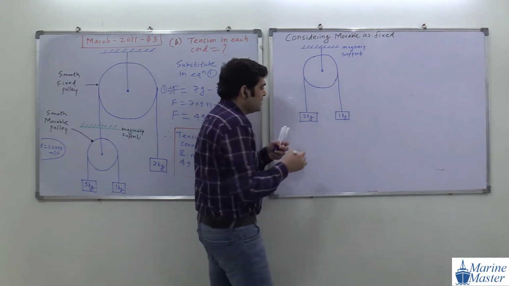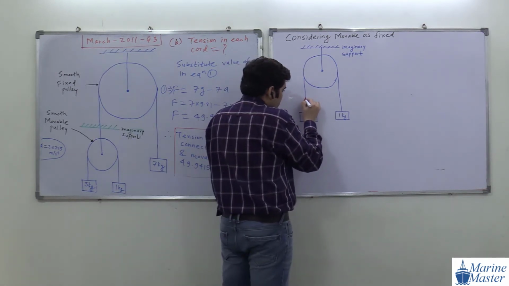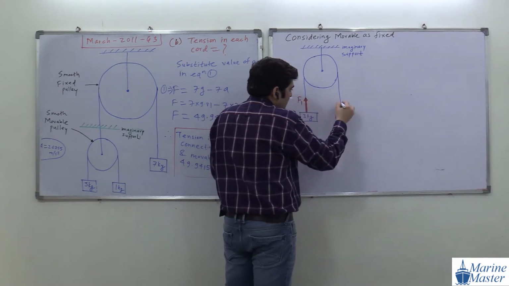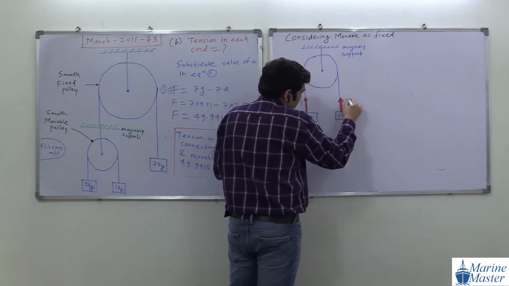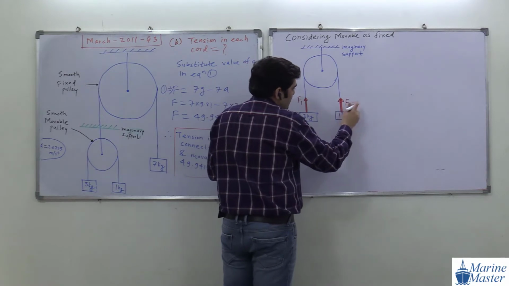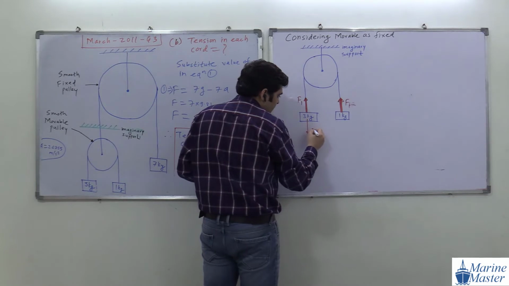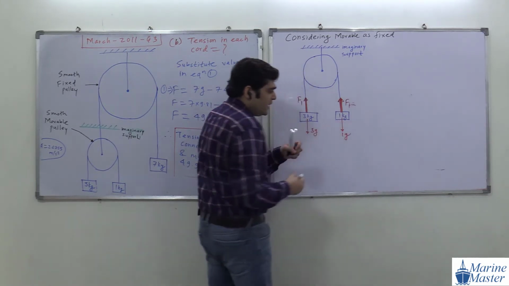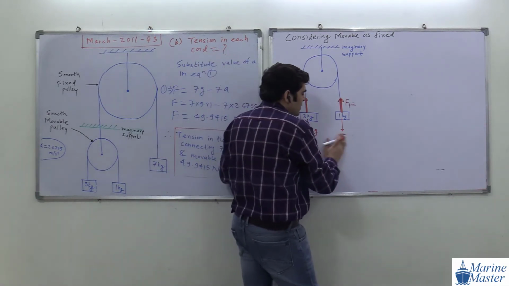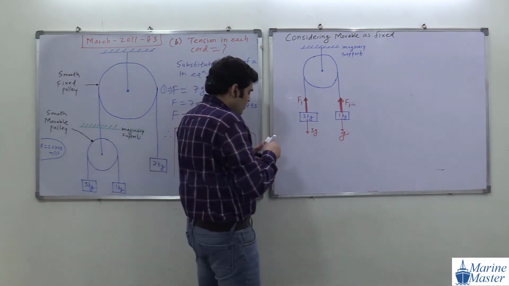Here we assume the tension as F1, and here also the tension is F1. Both side tensions will be the same because it is a smooth pulley. The weight here is 3g, and here the weight is 1g. There is no need to write 1g, directly we can write g.